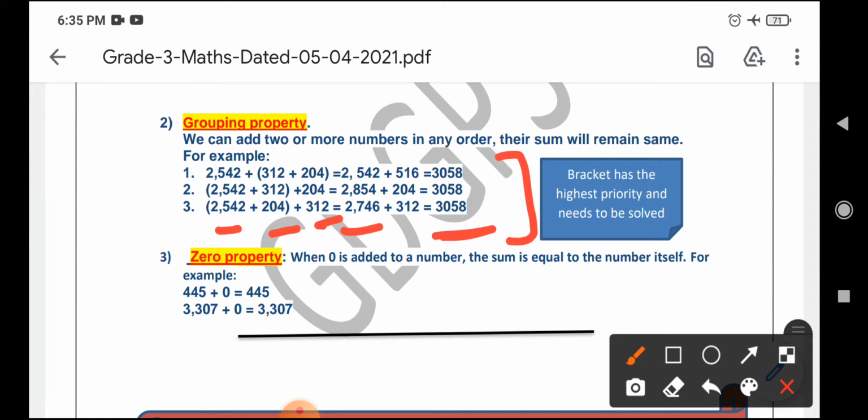So grouping property is used when we have more than two addends, and they will give you the same sum. We make groups when we have three numbers. We add first two numbers and the sum to the third number, or we can do with other order also. We can make other groups, like second and third, the sum, then we add with the first, like this.